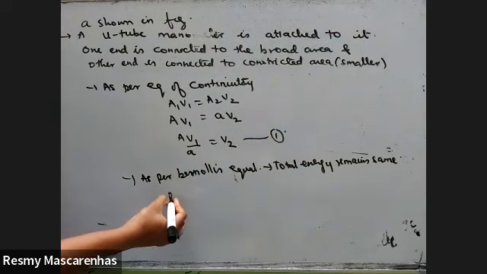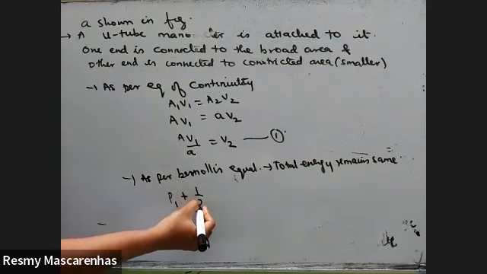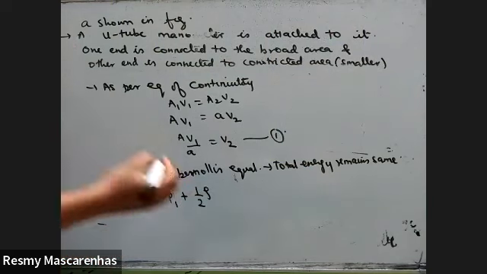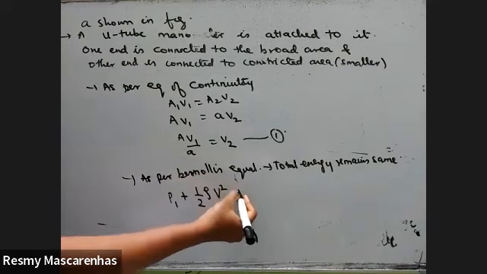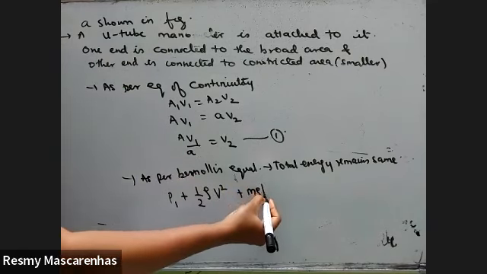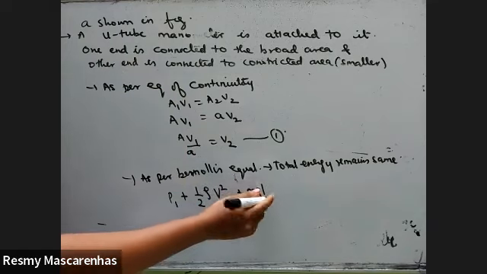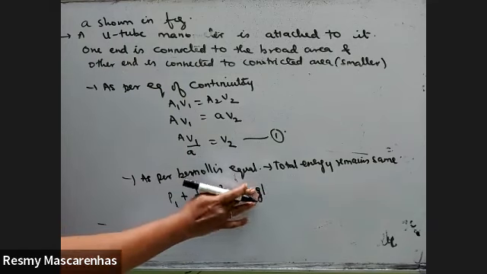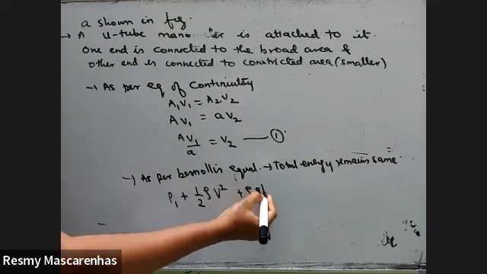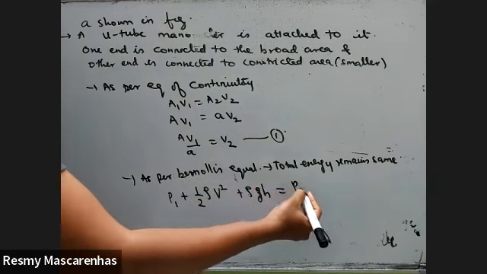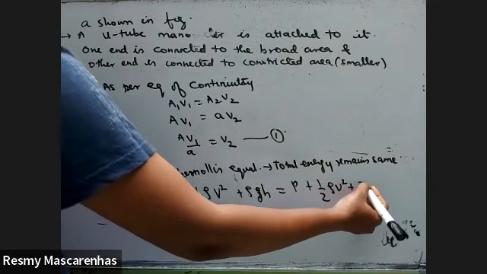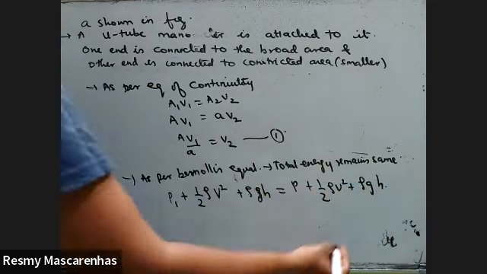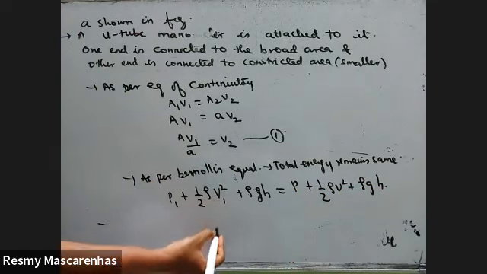So which is the pressure, on the other side also half rho V square. So this will be V1.